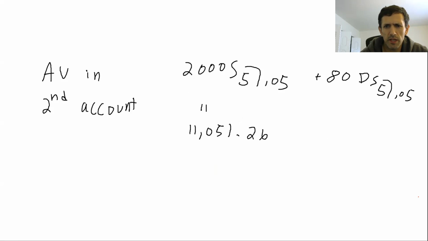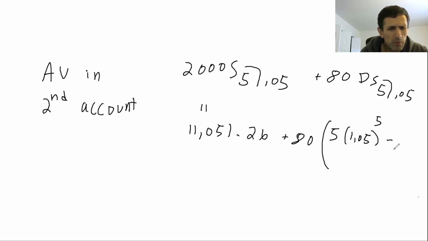All right, so let's do this here. So just plug and chug. It's 85, 1.05 to the fifth minus S5.05, another parentheses here, this whole thing over J 0.05.